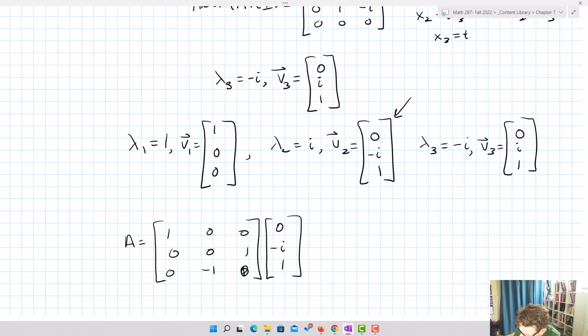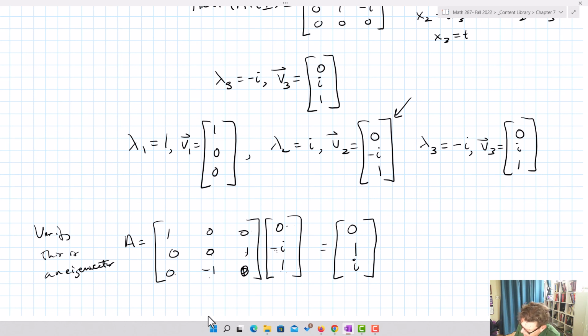I want to verify this is an eigenvector. Well, I get 0 plus 0 plus 0, so I get 0. The top part works. Then I have 0 plus 0 plus 1, that's 1. And then I have 0 plus i plus 0, which gives me i.